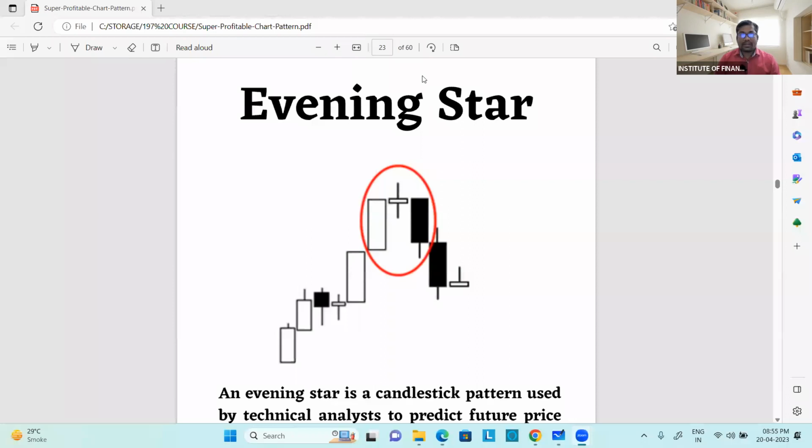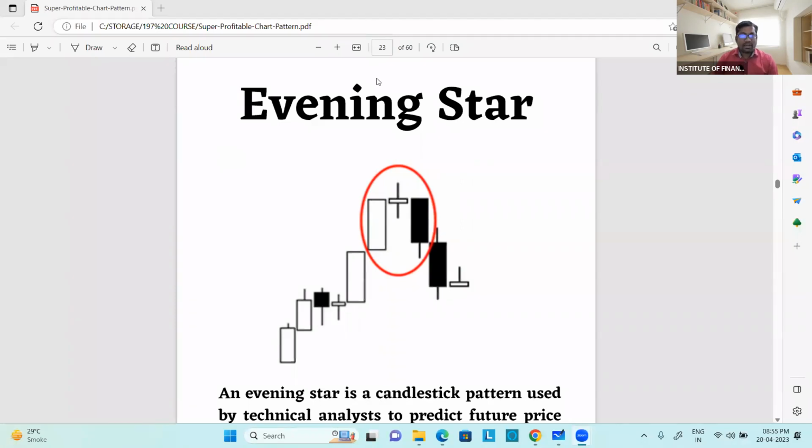Can you see this? Stefan, I have a doubt: at the resistance an evening star is created. Can I take a short immediately, or wait for the next candle breaking?